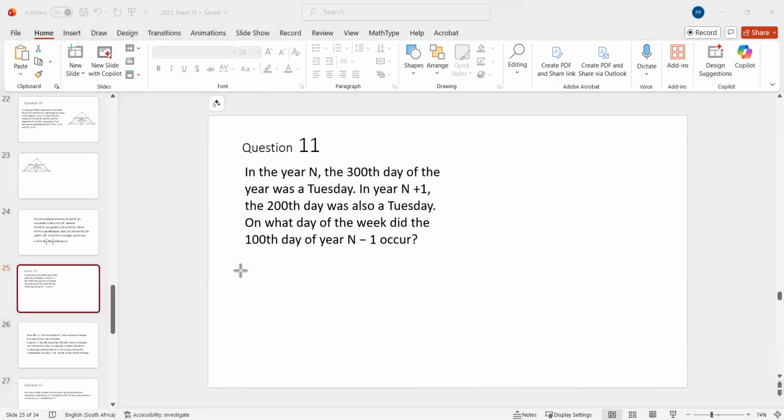just draw a timeline here. So you got the year N, this is day 1, the 300th day, it happens to be a Tuesday.